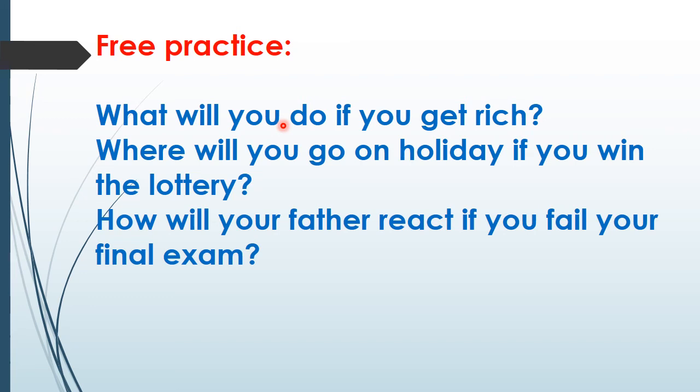It's possible that as you move up in life, you're going to work harder and you have different jobs, and it's possible that you get rich in the near future. So you ask your friend, what will you do if you get rich? For example, he says, if I get rich one day, I will, for example, build shelters for old homeless people.